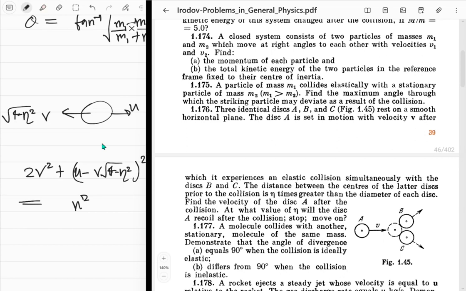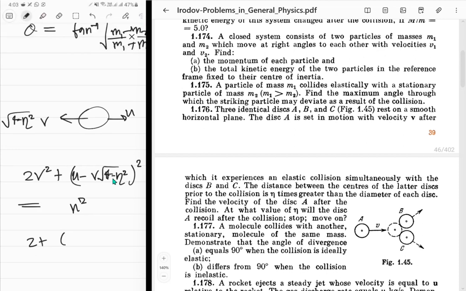This will be just really bad. Let's say v upon u is x. Nah, v upon u is x. That's better. Wait, what do we look for though? We are looking for the velocity of disc A, so we want this quantity. So then using u as a function of v is better, I guess.